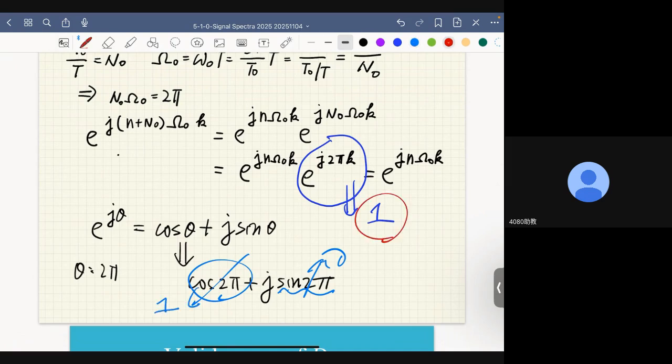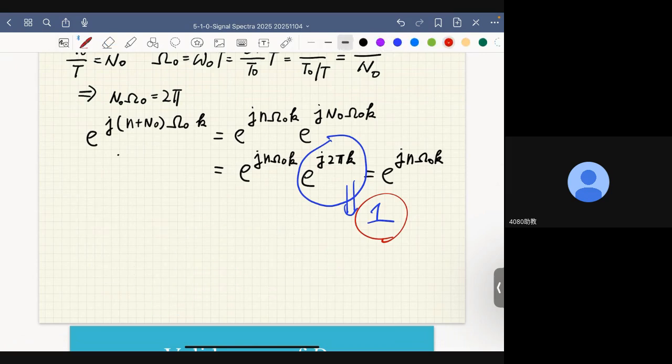So what does it tell you? What it tells you is that the value of D(n plus N0) is actually the same as Dn, because the only difference between them is here and here.